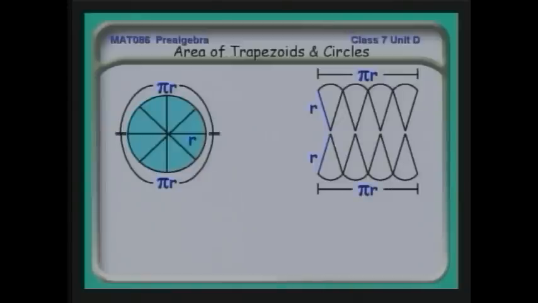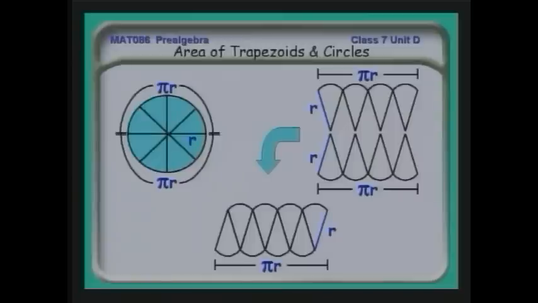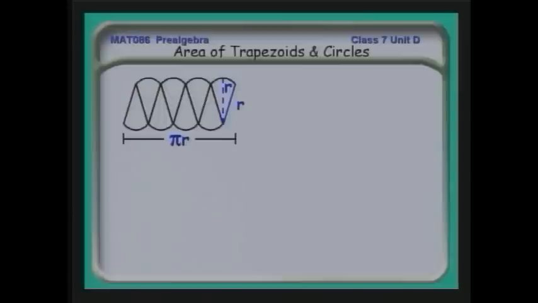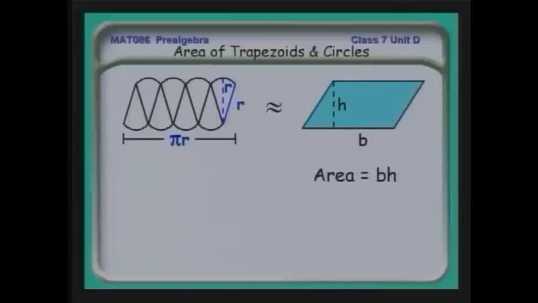I'm going to do a trick now. I'm going to shove those two sets of segments together, and look what I have. That looks an awful lot like a parallelogram whose base is pi r and whose height is r. What is the area of that equivalent parallelogram?